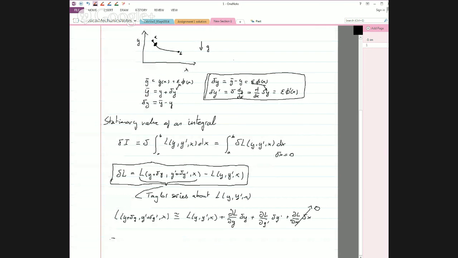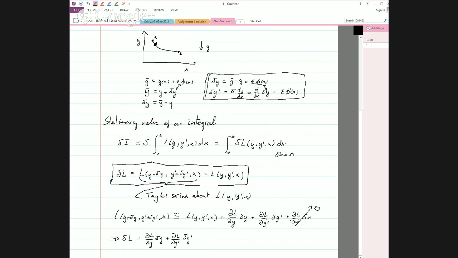So that gives us delta L. So delta L is this term which we just evaluated minus L. So the first term just cancels, and you get delta L is di L by di y delta y plus di L by di y prime delta y prime.